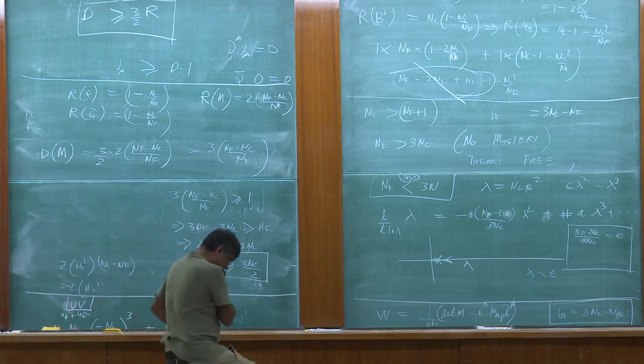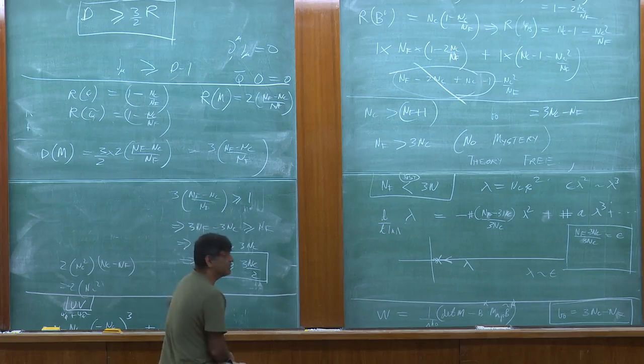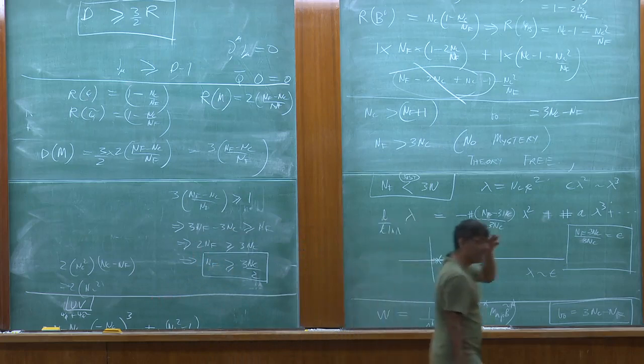Excellent question. I'm saying do it exactly. So the question is that for this case, the 2 different descriptions have to be the same. It's similar, you see. In fact, good.